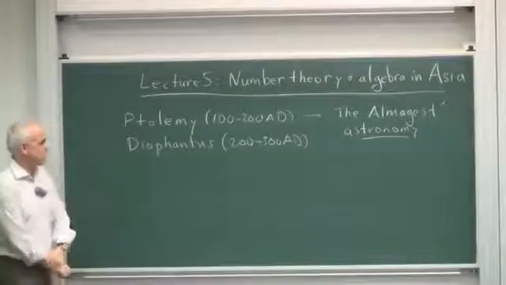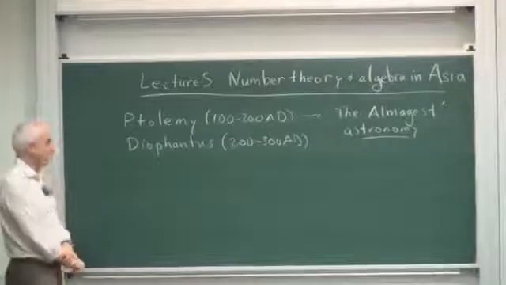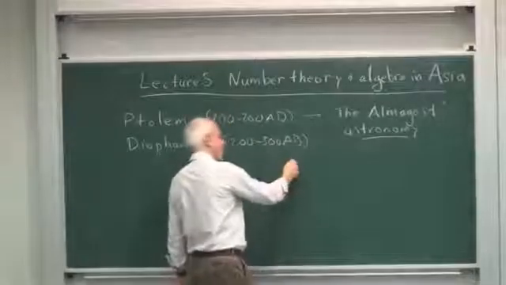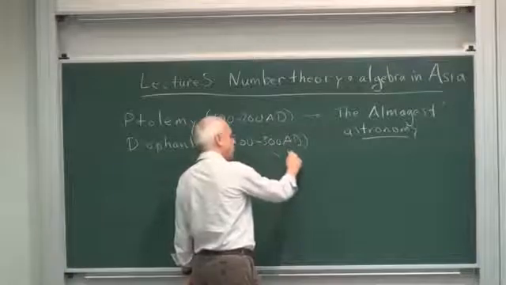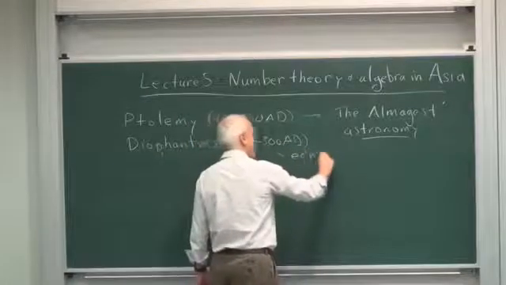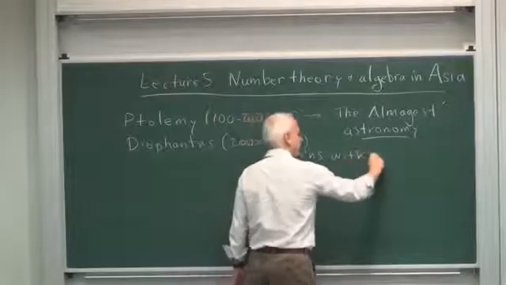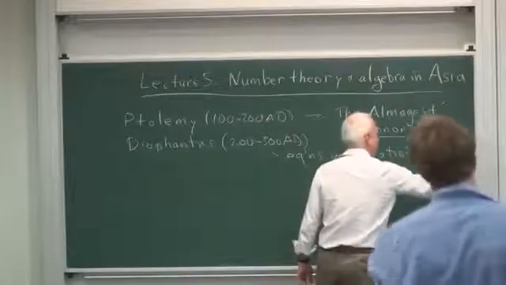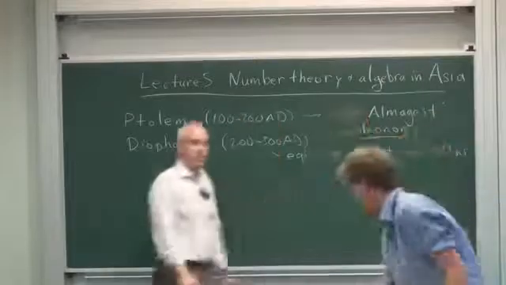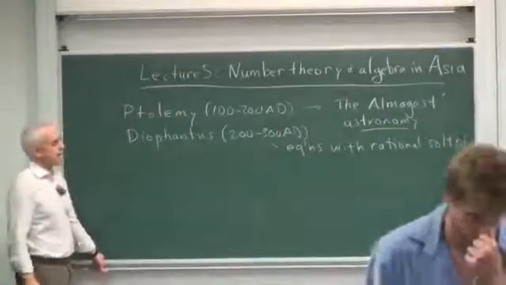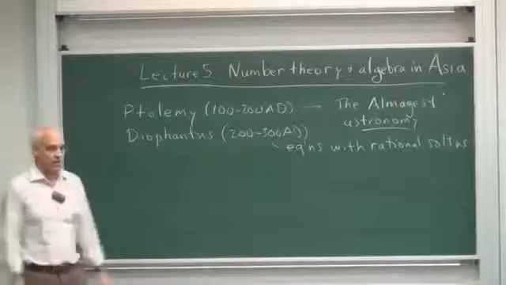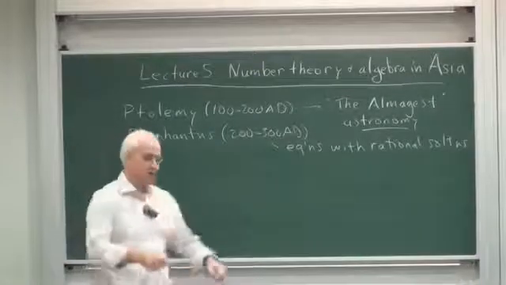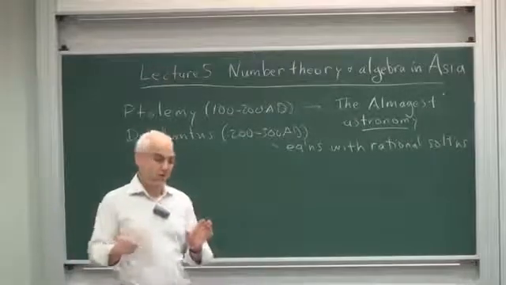Diophantus was sometimes called the father of algebra, although that's probably not an entirely fair name. He wrote books on what are called Diophantine equations, or equations with rational solutions. And he did introduce some kind of algebraic formalism, ways of shortening mathematical reasoning so that it's not all just long words, but also some symbols.